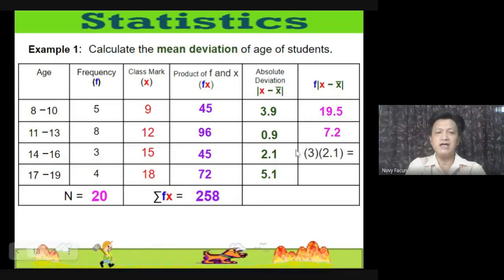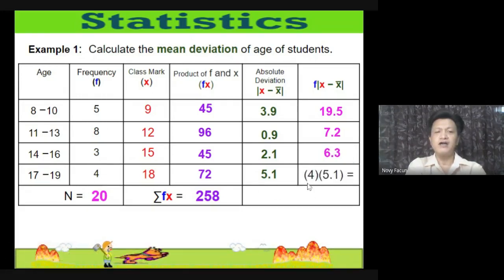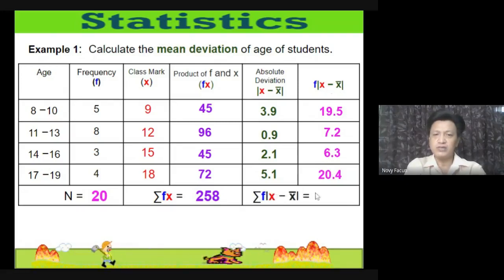And next, we have to multiply 3 times 2.1, the product is 6.3. And last one, 4 times 5.1, that is 20.4. Kapag nakompleto na natin ang product ng frequency at ng absolute deviation, we can now get the summation. Meaning to say, ito total lang natin. 19.5 plus 7.2 plus 6.3 plus 20.4, the summation now is 53.4.